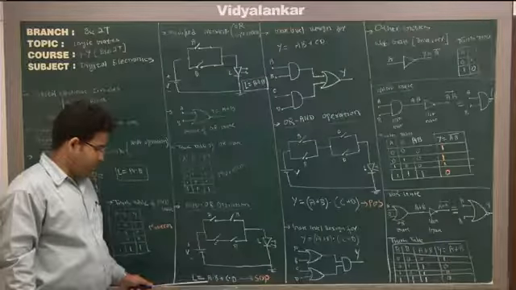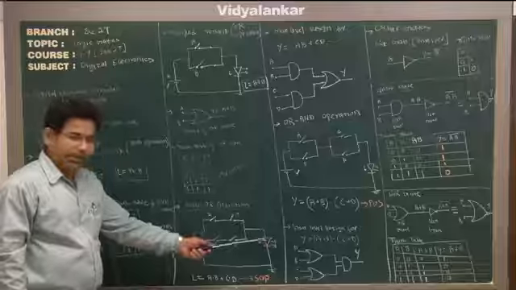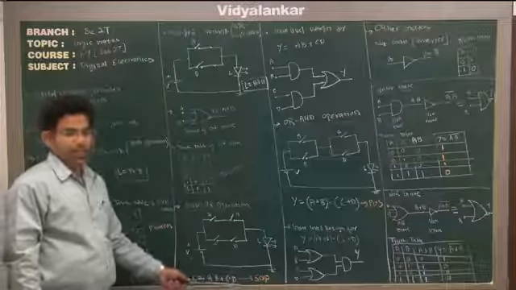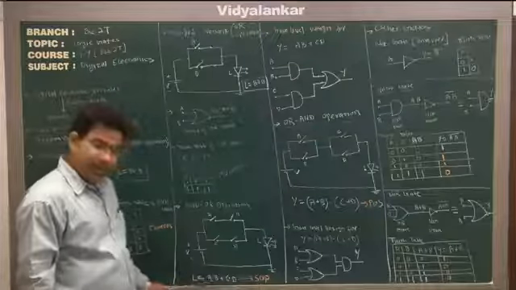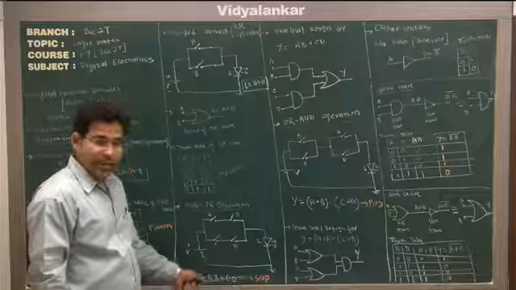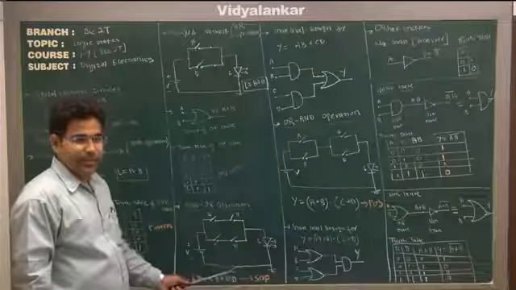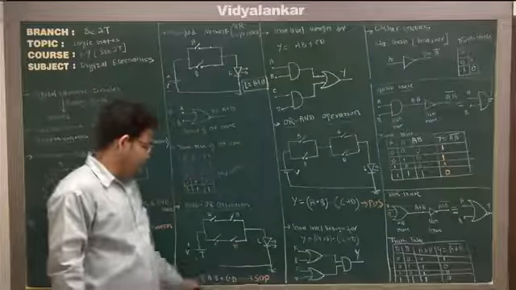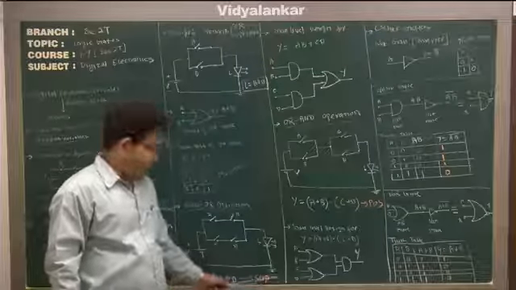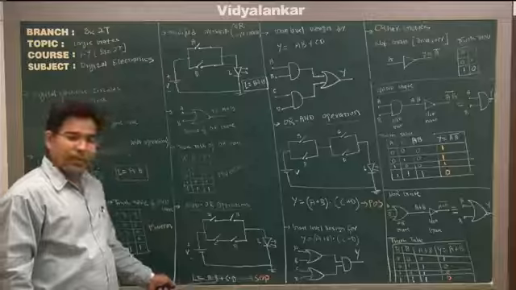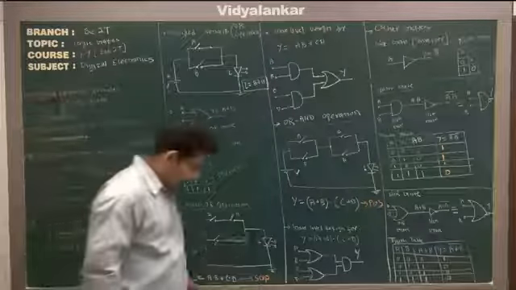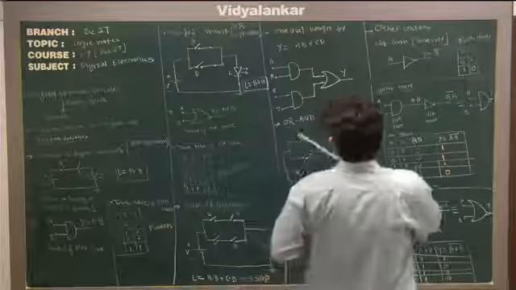So my expression for getting light from the LED will be AB or CD. So AB plus, plus indicates OR, C into D. This kind of representation of a Boolean expression is known as SOP, sum of products. A into B product, C into D product, add them: sum of products, SOP representation.